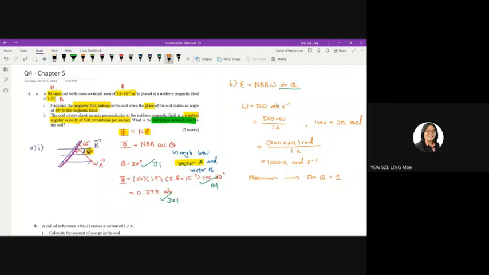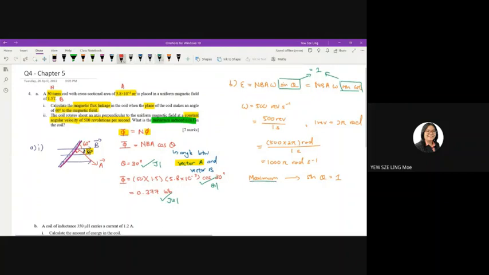So in this question, it doesn't matter whether you use EMF equals NBA omega sine theta or NBA omega sine omega t. It won't affect your final answer, because this part equals 1. It doesn't matter whether you're looking at omega t or theta; it is always 1 when it comes to maximum value.